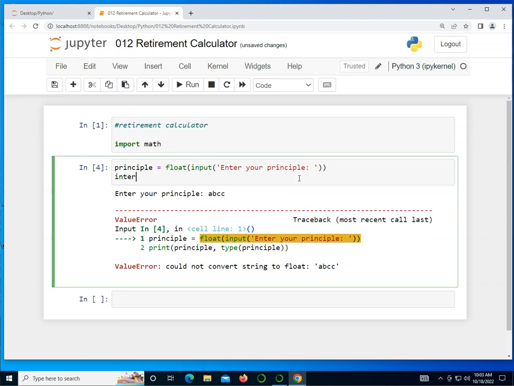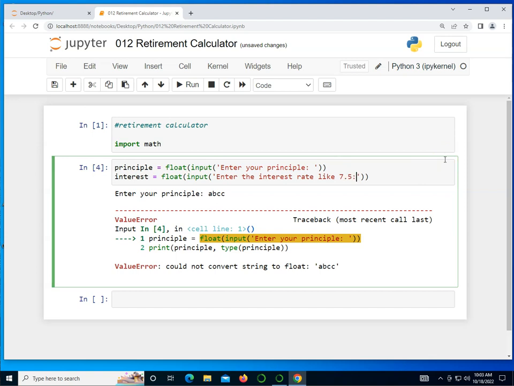I'm going to have an interest variable, and this will also be a floating point. Input, enter the interest rate, like 7.5.